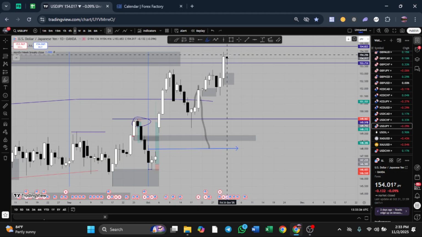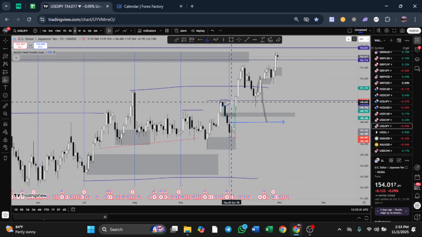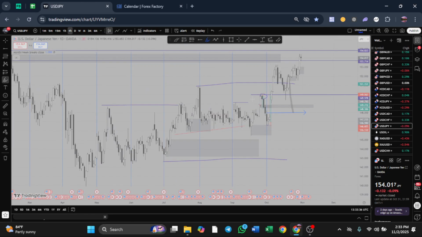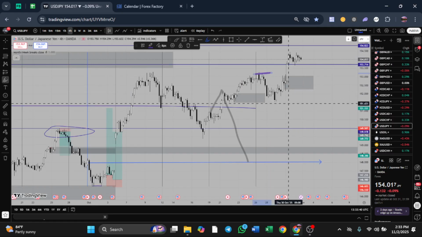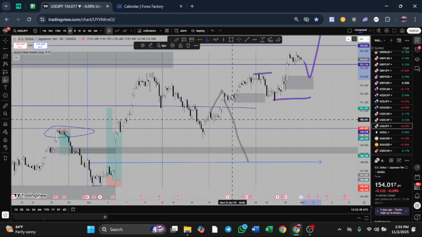If we could see a push here, this would be fantastic. So that's what we're looking out for this week. Now internally on the 4 hours, we have this high range. So if this is a high, we can potentially see this continue this range. That's what we've got for UJ.